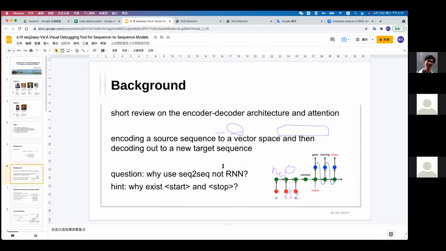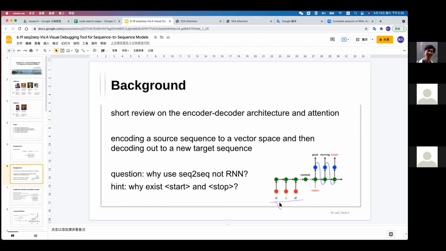Xiangling also discussed the encoder-decoder architecture, which is a bit more complex. It first has one recurrent neural network, and after getting the hidden state of each xi, it concludes all the hidden states into a context, and then it has a decoder architecture.